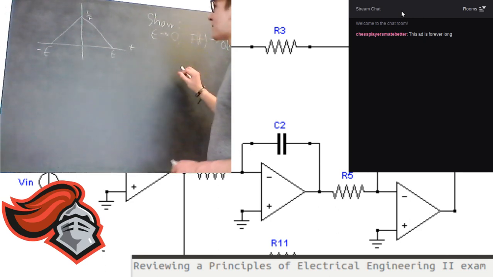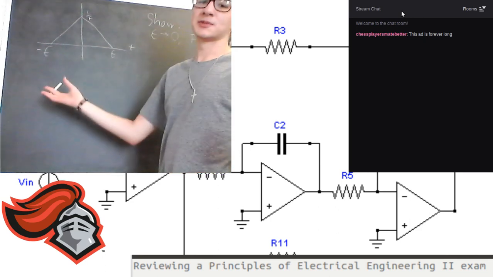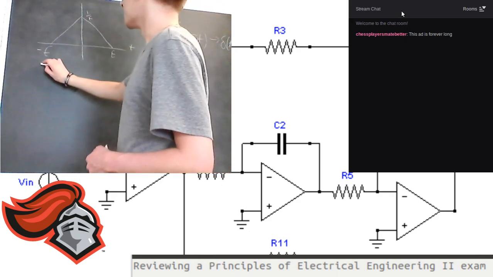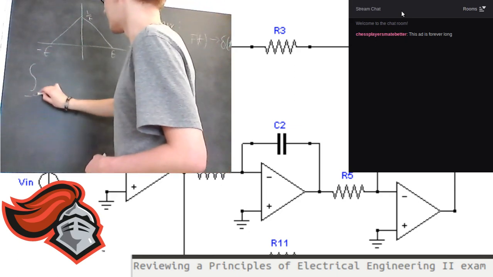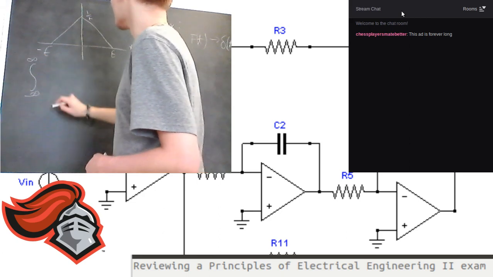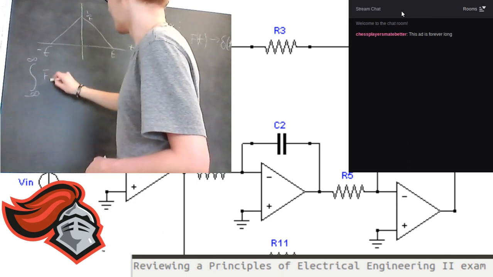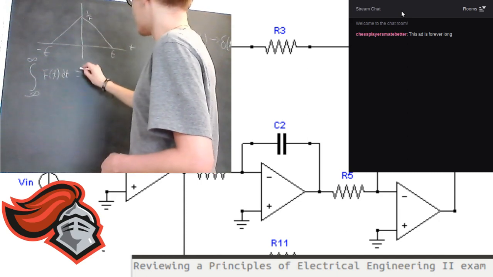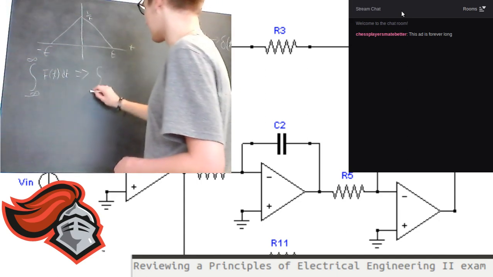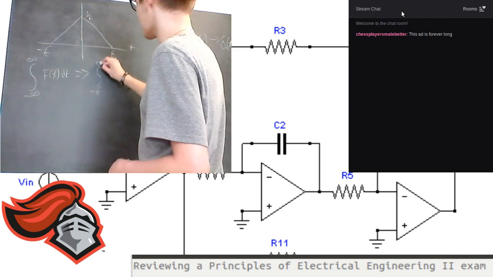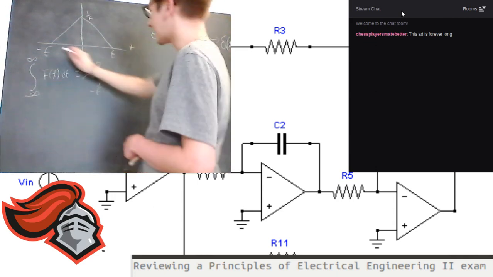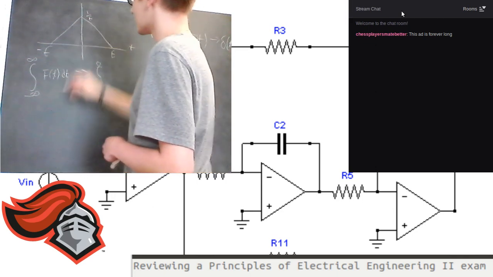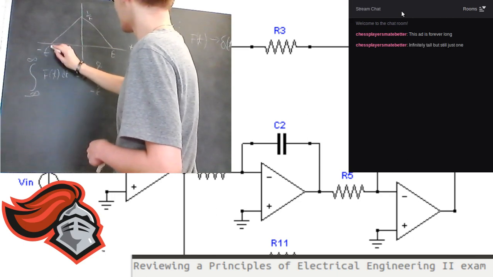So this is pretty simple. Let's just take any arbitrary value of epsilon. We'll go and integrate from negative infinity to infinity f of t dt, which basically means we're actually just integrating from negative epsilon to 0. If you look here, this is just a line.